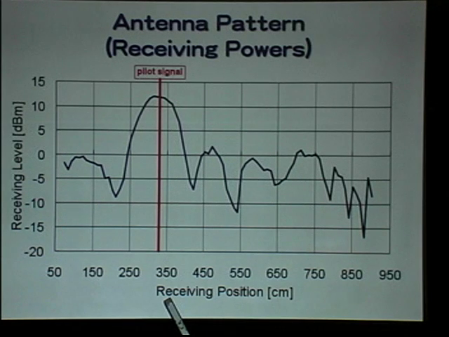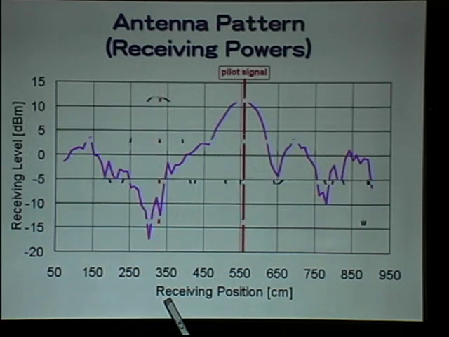This picture shows our result. The pilot signal transmitter is here. You can see the main beam is at the same position as the pilot signal transmitter. This is the first side lobe.